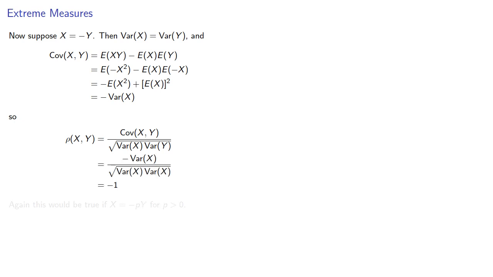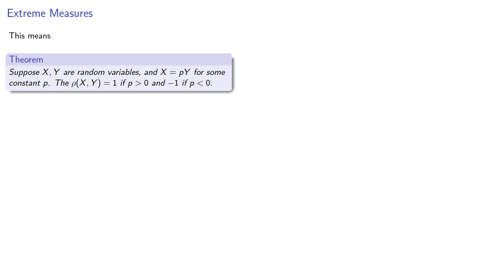And again, this would be true if x was some negative scalar multiple of y. And this means that if x and y are random variables and x is some scalar multiple of y, then the coefficient of correlation is 1 if that multiple is positive, and negative 1 if that multiple is negative.